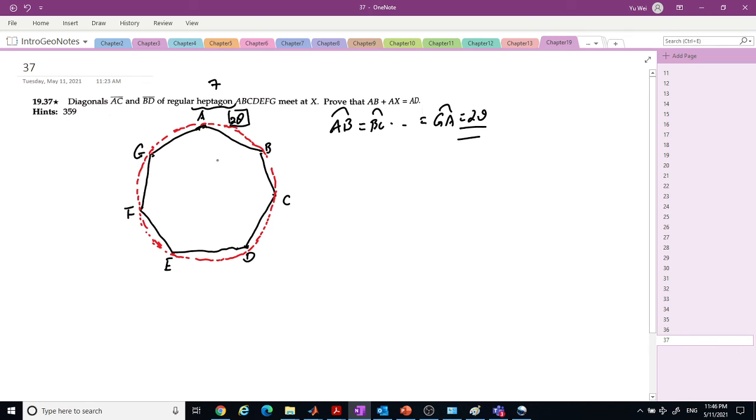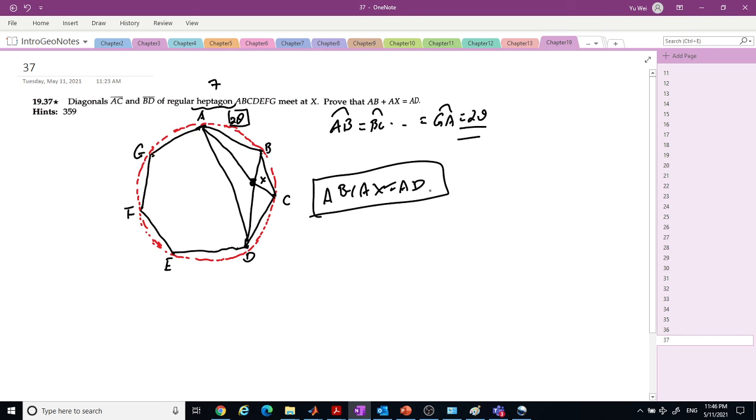So, and the inscribed angle is half of the arc, right? So let's see if we can connect the AC and connect the BD and connect the AD. Okay, so here is the X. So it wants to ask you to prove the AB plus the AX equals AD.